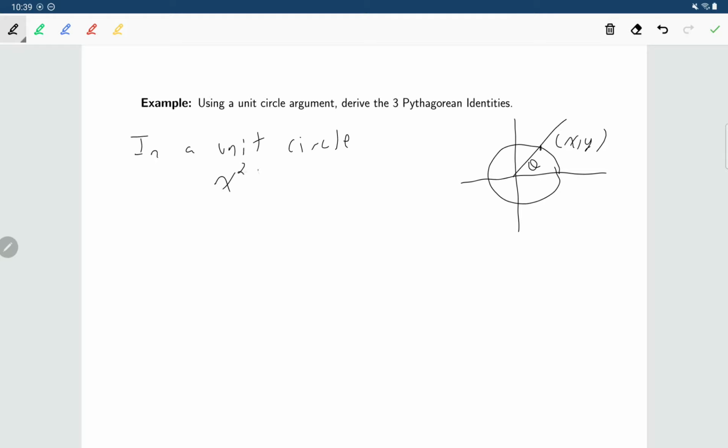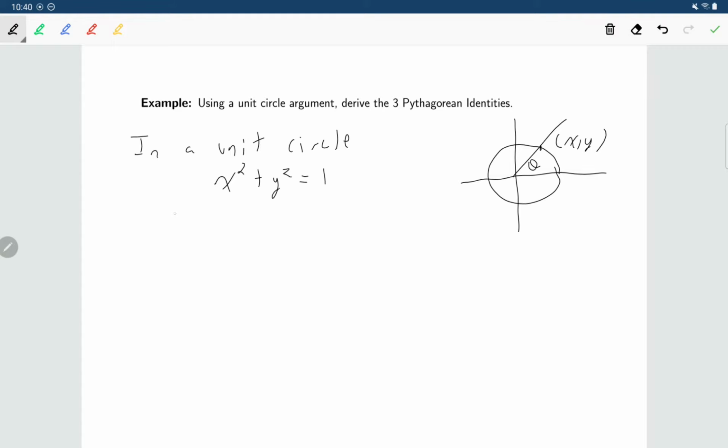You know that in a unit circle, x squared plus y squared is equal to 1. And that's, of course, because that's the equation of our unit circle. That's the whole point of why we're using the unit circle, because we know that that gives us a value of r being 1. But we also know that in the unit circle, x would be the value for cosine of theta.